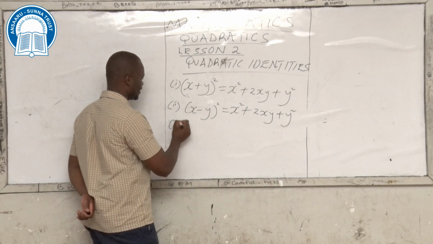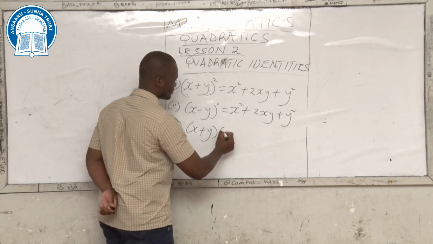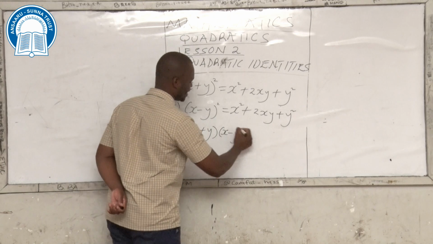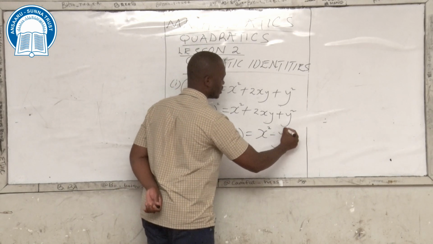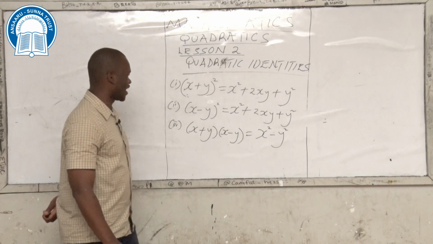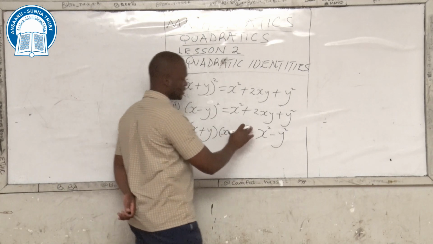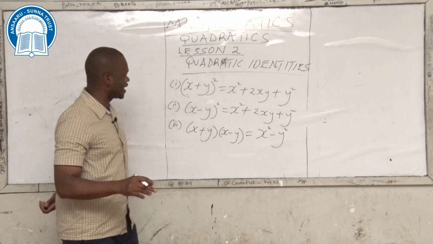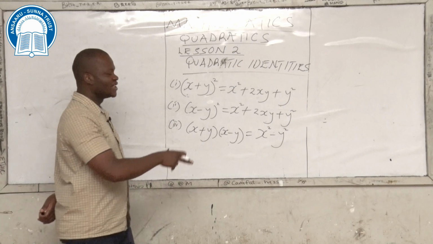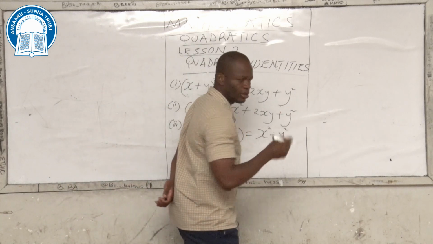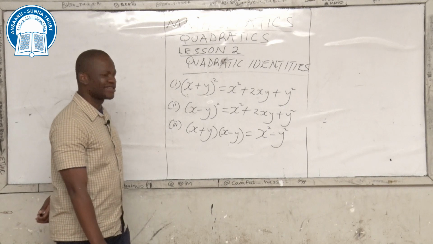And the third being given by x plus y times x minus y is equal to x squared minus y squared. So for this equation, regardless of the combination of different values in terms of x and y, the equation will always be satisfied. The equation will always hold.